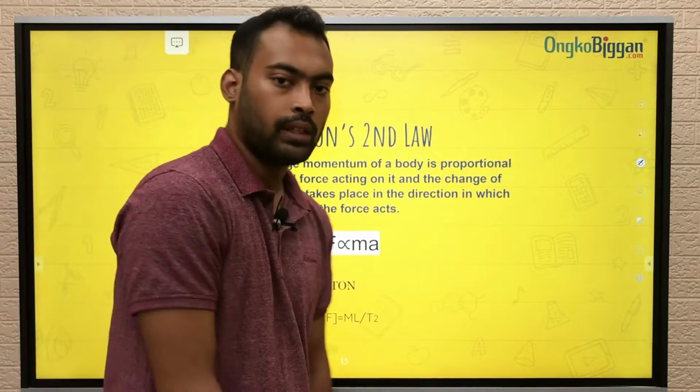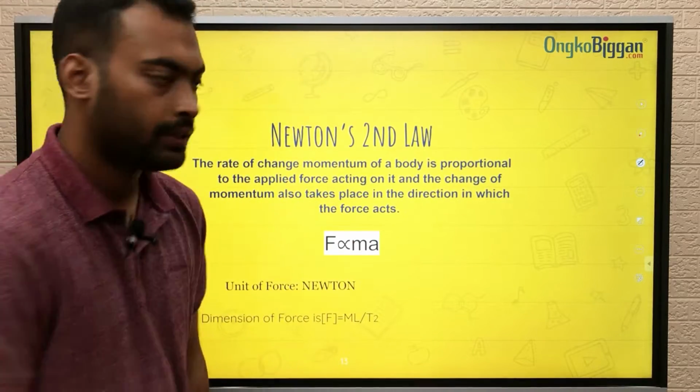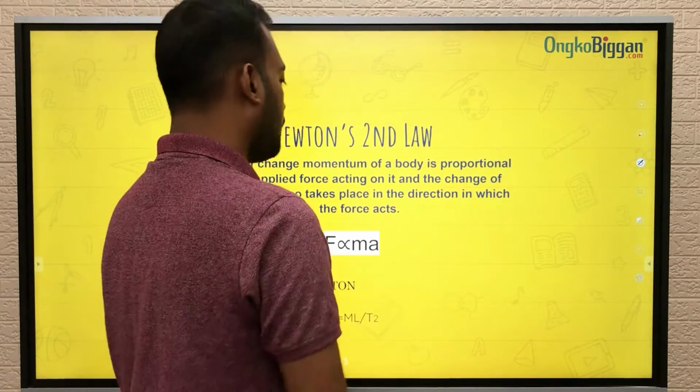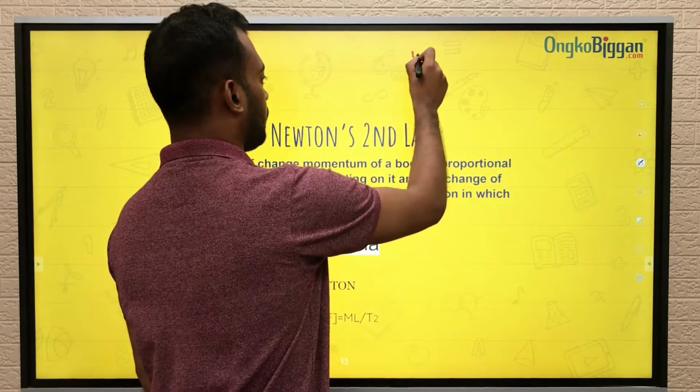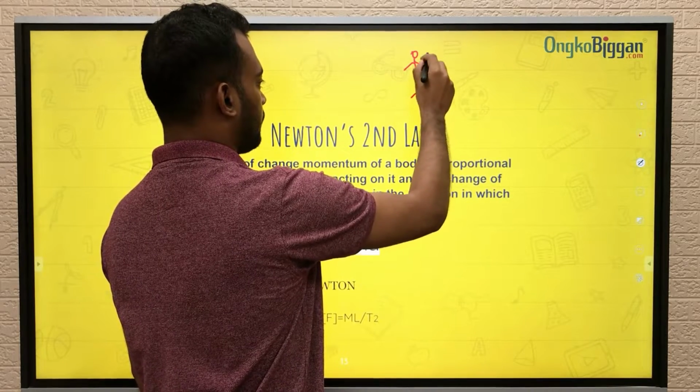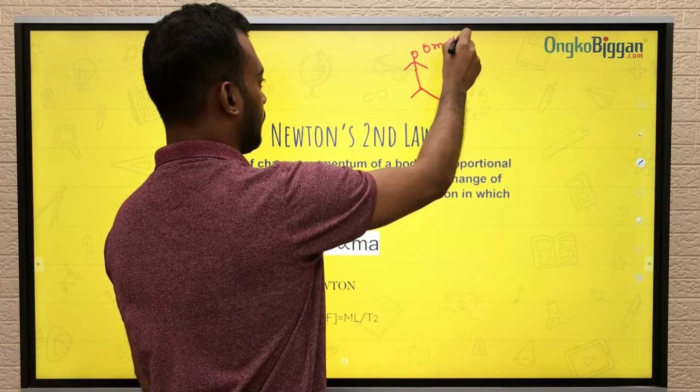We know that force is a vector quantity, so obviously it will have a direction. Now it talks about the change of momentum. Suppose this is a body, at rest, 0 meter per second.